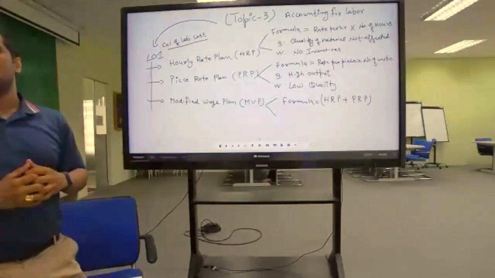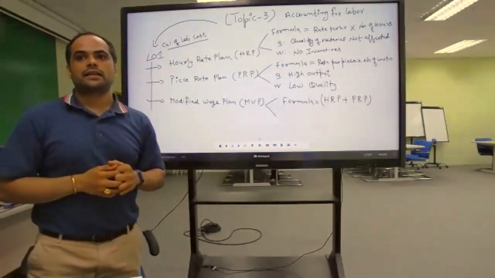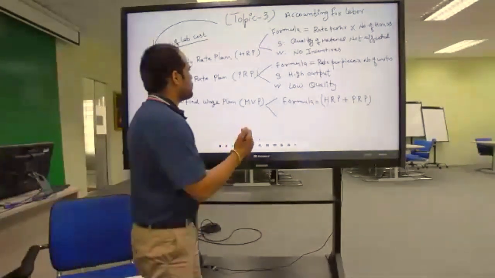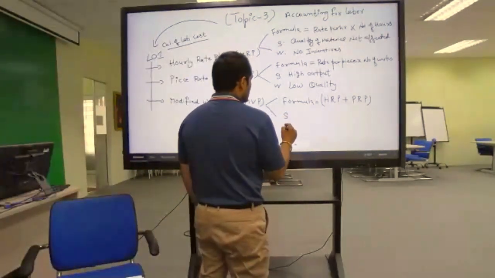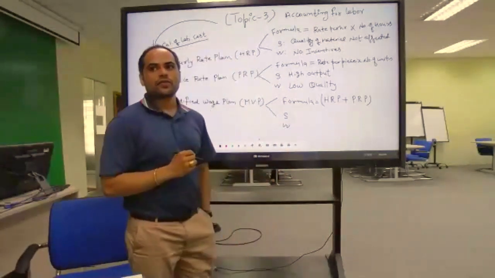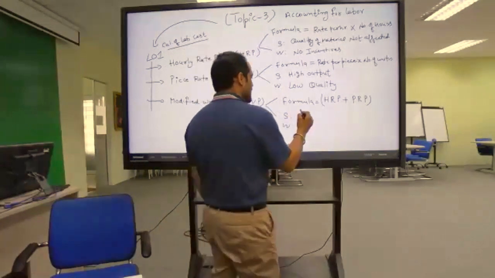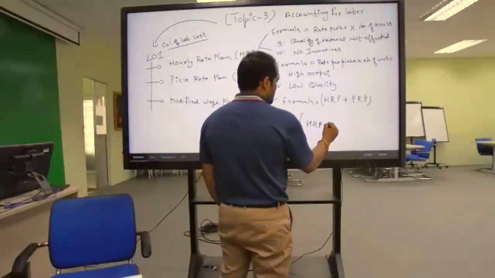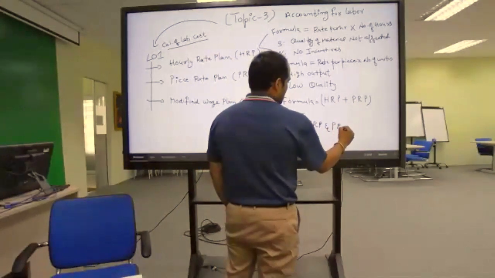Learning outcome 1 is finished. So what are the strengths and weaknesses? The strengths and weaknesses are the same as the strengths and weaknesses of the hourly rate plan and piece rate plan.